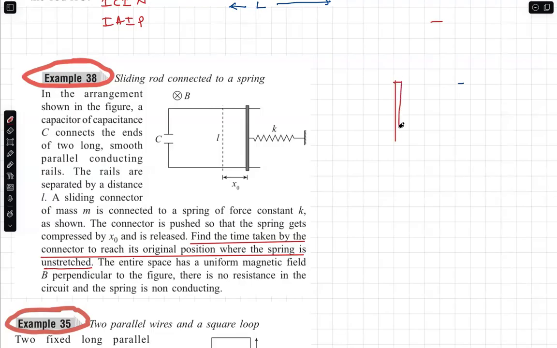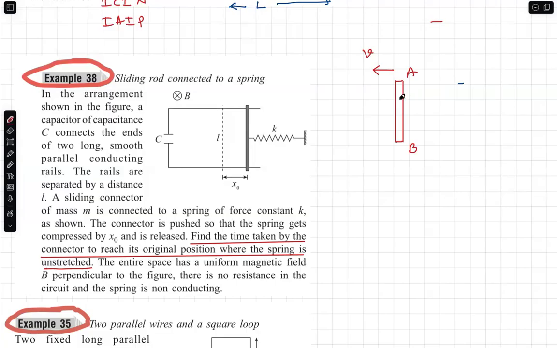Suppose this is your rod, and this is moving in this direction with velocity. Let this be A, let this be P, or PQ, whatever it is.